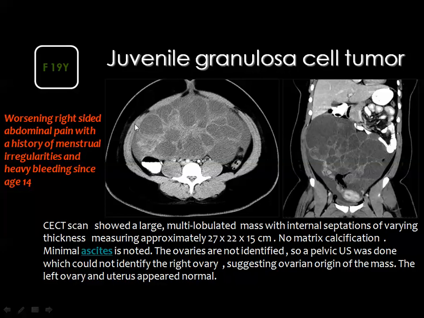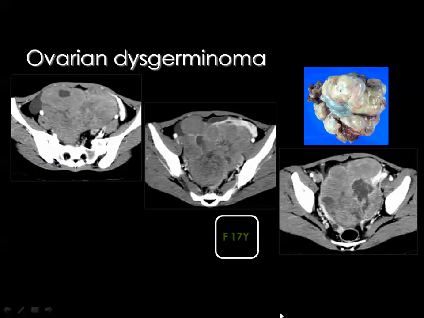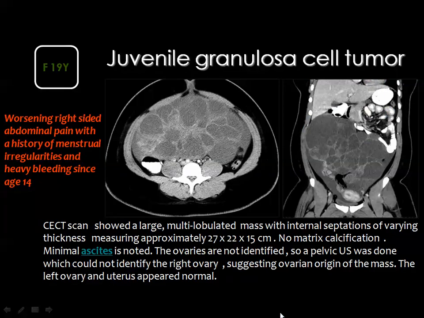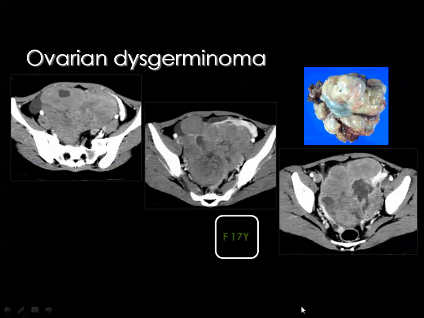The tumors sometimes may show matrix calcification, and there may be some ascites as in this case. Then if you look carefully, you can see the normal uterus, so it's easy to know that this is of course of extrauterine origin.